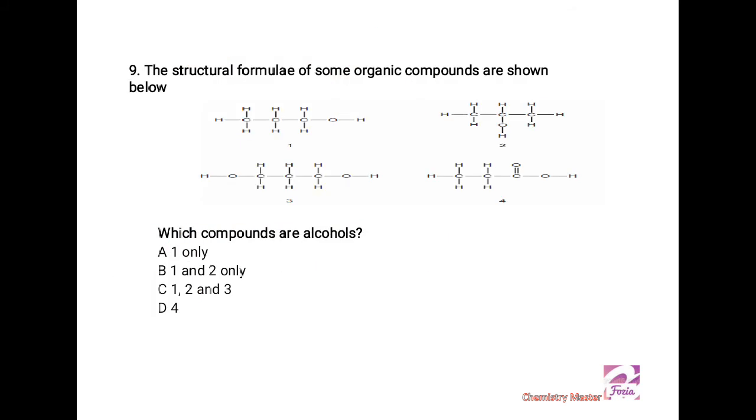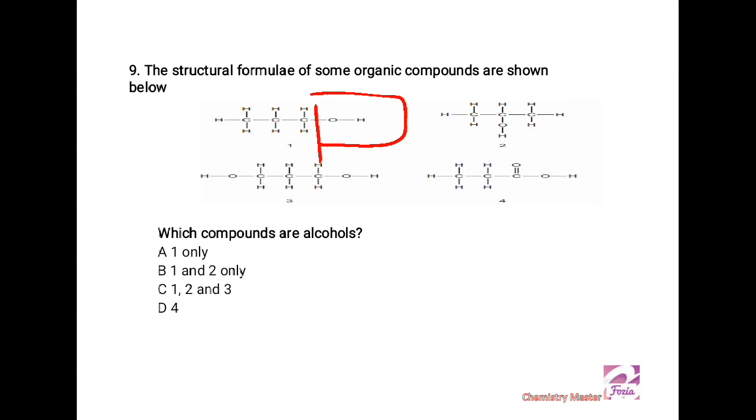MCQ number 9. Which compounds are alcohol? The necessary condition for an organic compound to be classified as alcohol is that an aliphatic carbon is connected with OH, which is the hydroxyl group. So wherever this OH link is available, that compound must be alcohol. Compound number 1 is alcohol.